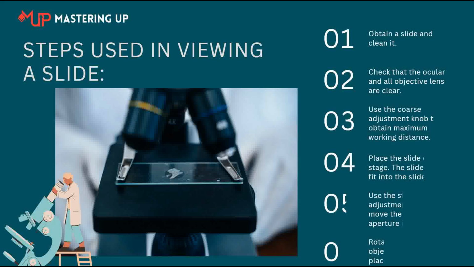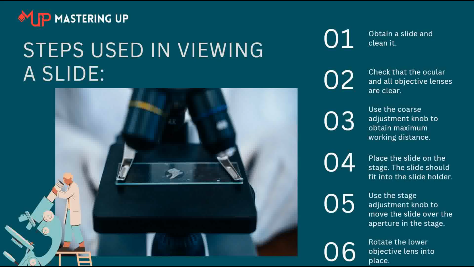Now let's see the steps used in viewing a slide. First, we have to obtain a slide and clean it. Then we have to check the ocular and all objective lenses to see if they are clear without any dust. Then we have to use the coarse adjustment knob to obtain maximum working distance. Later, we can place the slide on the stage.